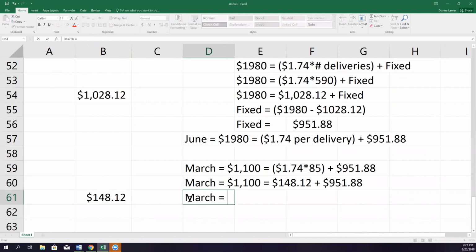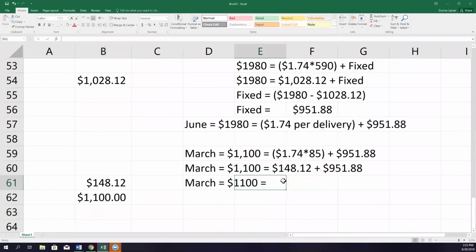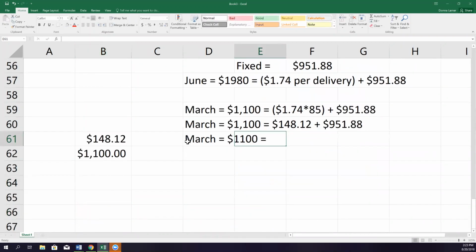Okay, March's works out to being 1,100 equals, and when I add those two together, I get $1,100. So March is 1,100, and that works out according to the formula.